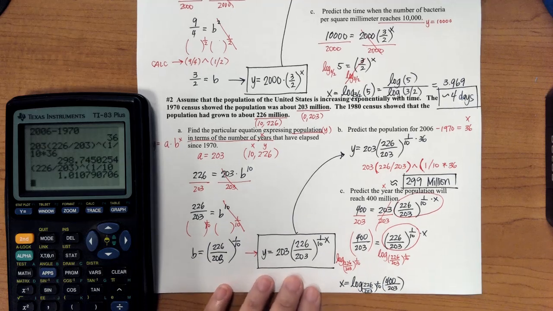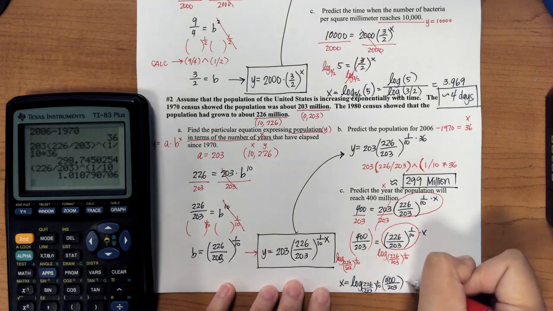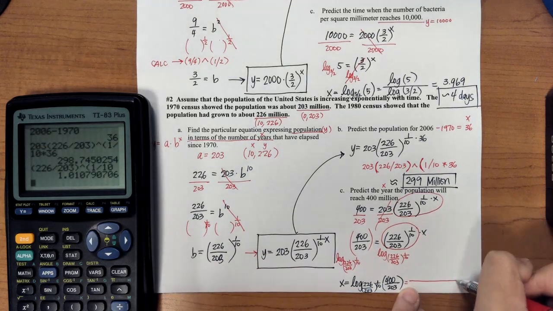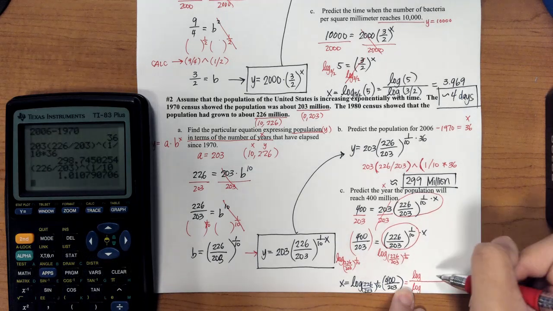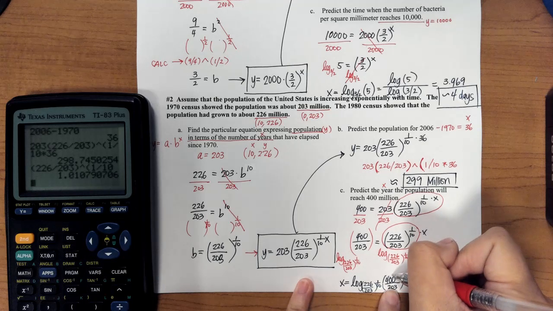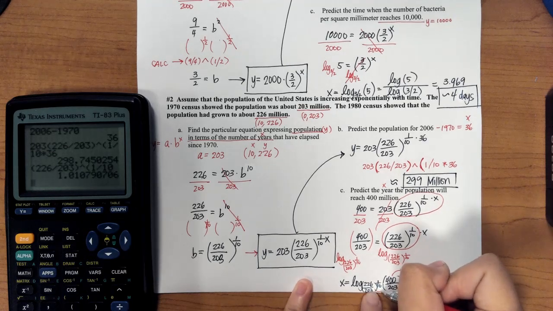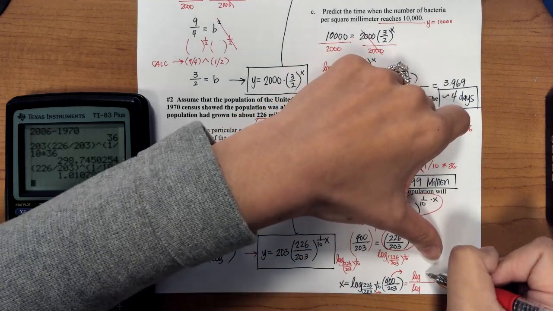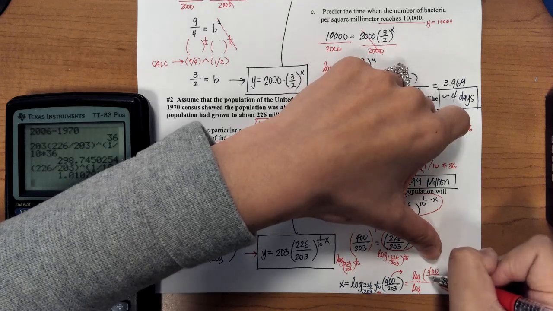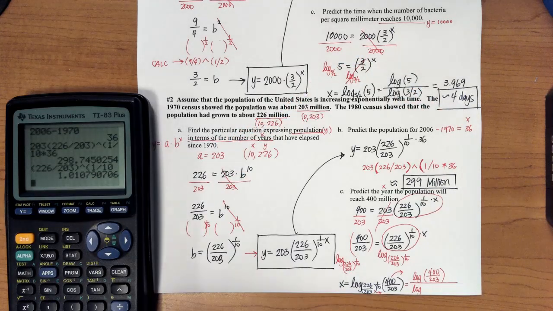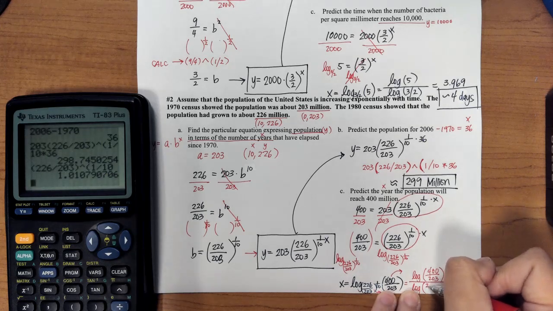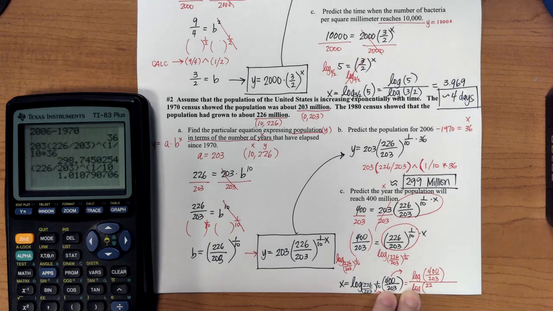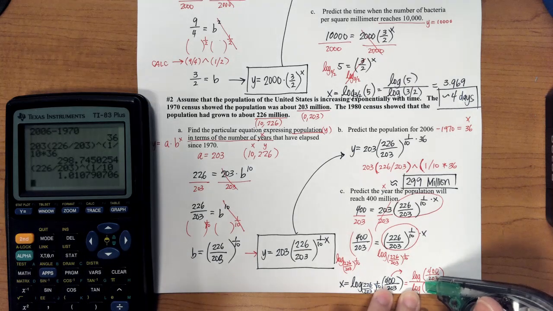It's going to be one big fraction, right? Because you're going to have 2 logs now. And the argument goes on top, and the base goes on the bottom. So the argument is 400 over 203. And in the base, or the denominator, we're going to need another parentheses, just so that you're aware.